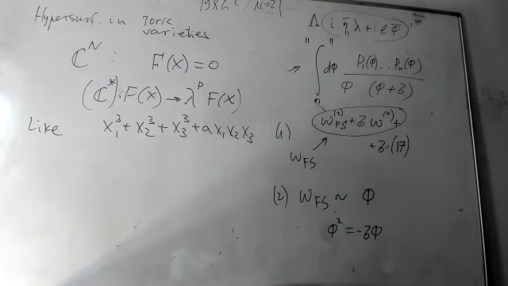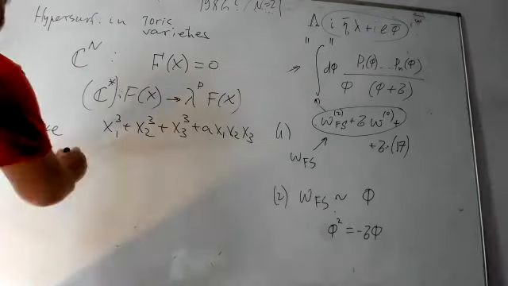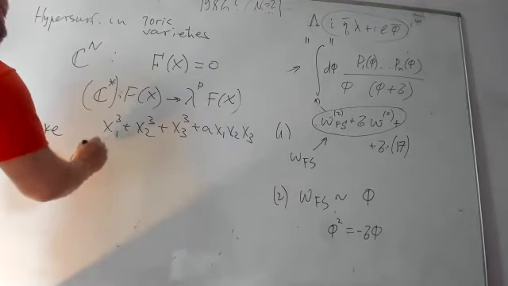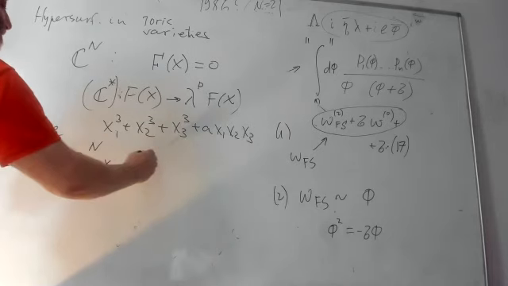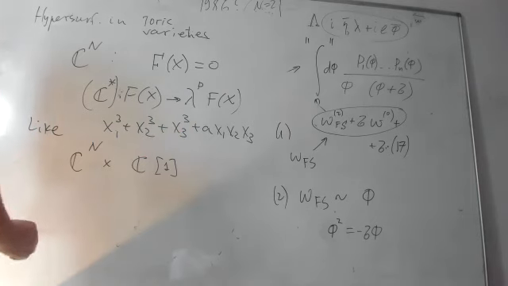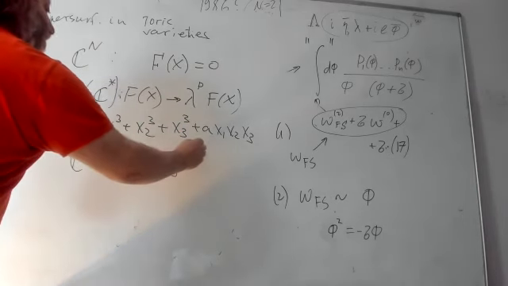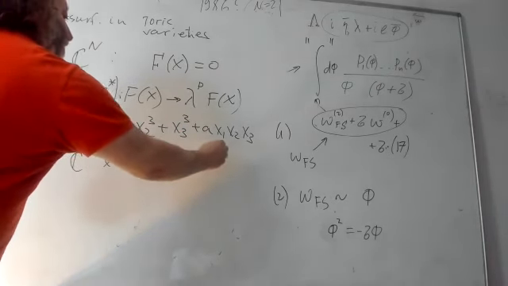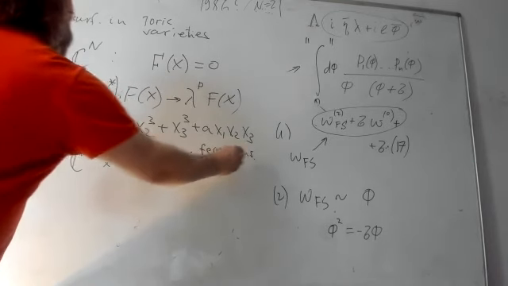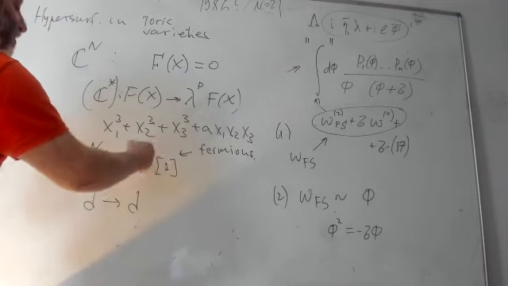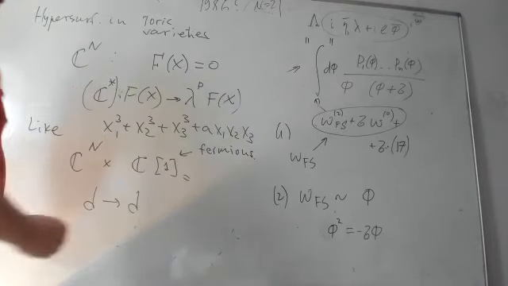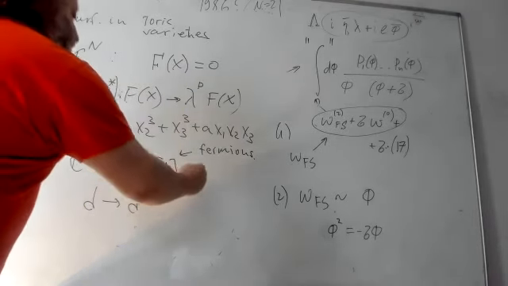And it turns out that I can do it. Namely, I can add here the complex line shifted by 1. I call it fermions. And I can deform. So let me call the coordinate here pi.